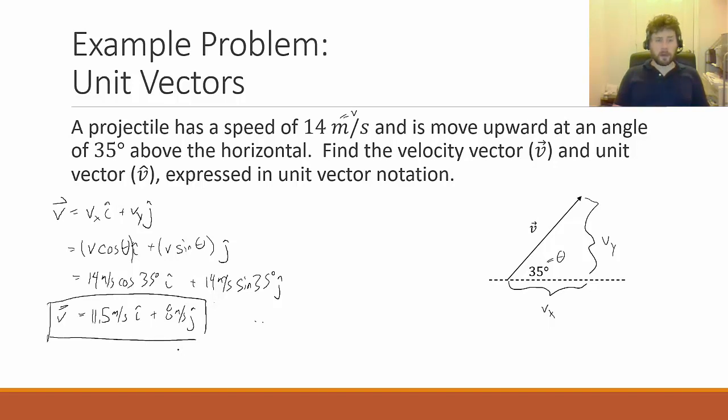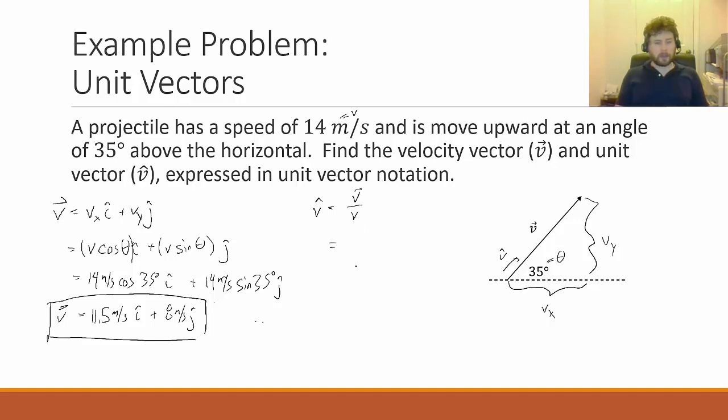Now for the unit vector, it's always easy to find a unit vector that points in the same direction as the original vector by just taking that original vector and dividing it by the magnitude. And here that's actually quite simple.